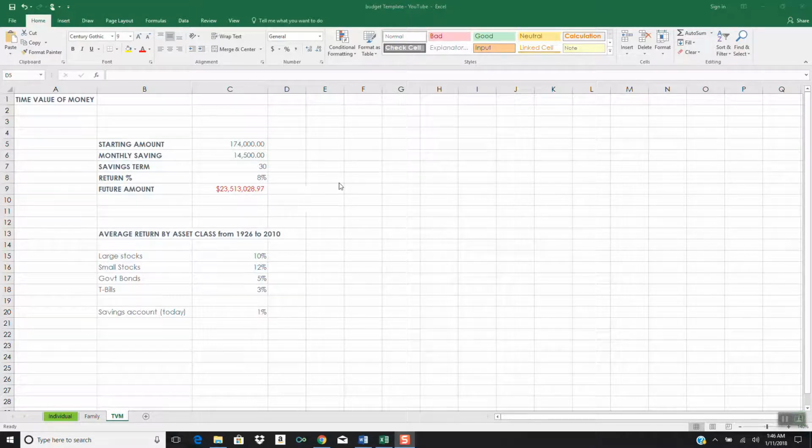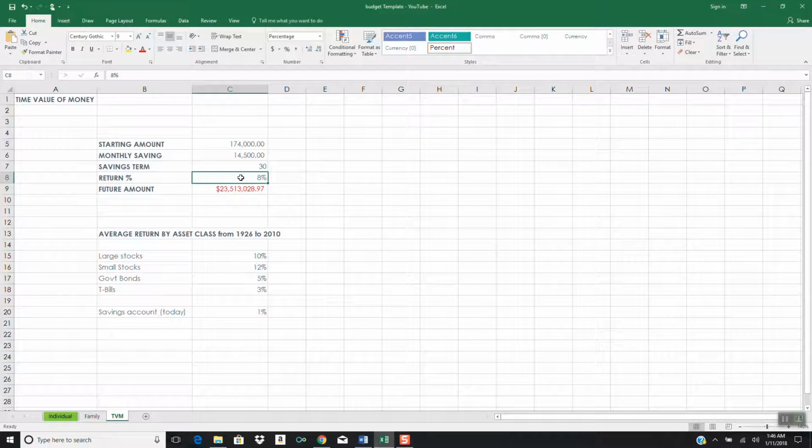Another thing to be aware of: not only can the term vary, but the return can vary. We chose 8% because experts estimate that 8% is a reasonable return that can be expected by people who invest in the stock market over the long term going forward. But in many years, you'll see examples where this number won't be 8%.